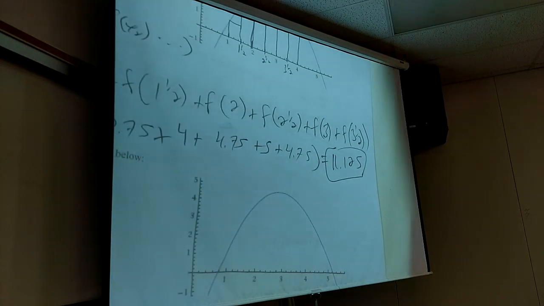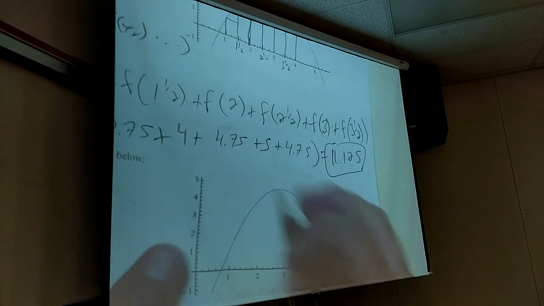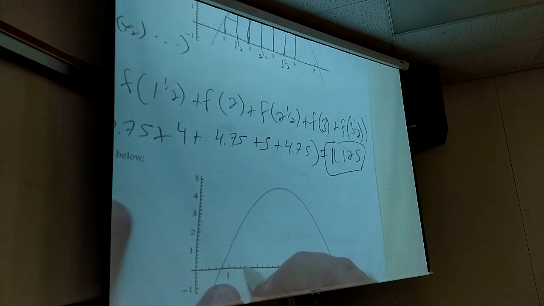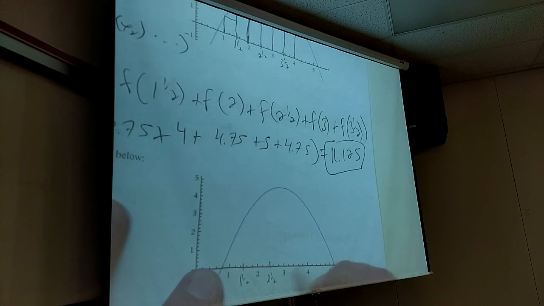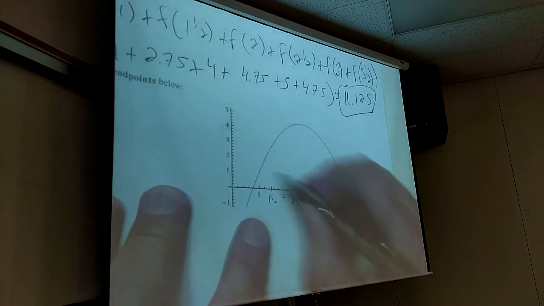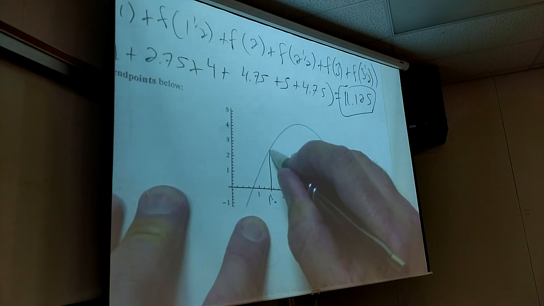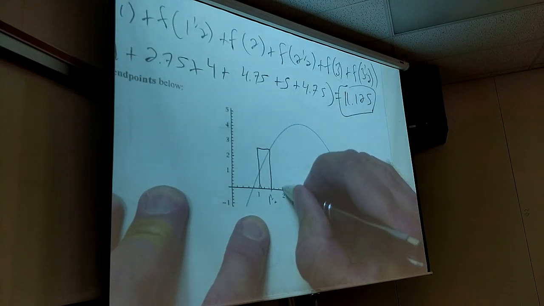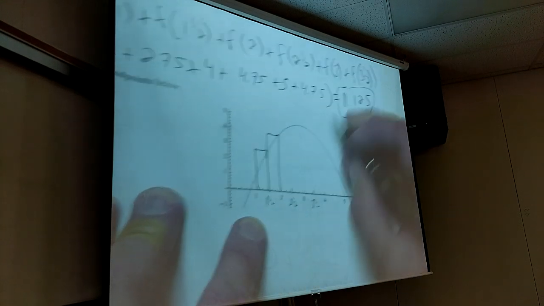Now, right endpoints, I really want you to realize. To draw the picture now, so let me put this back in here. 1.5, 2.5, 3.5. To draw the picture, the height is going to be based on this side. See how I do that just to make sure?